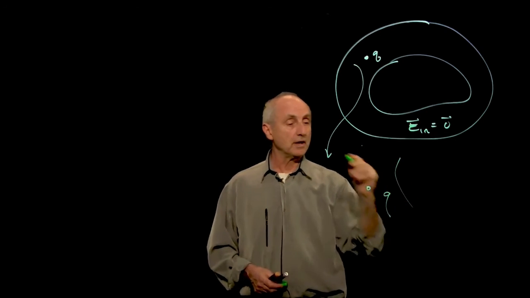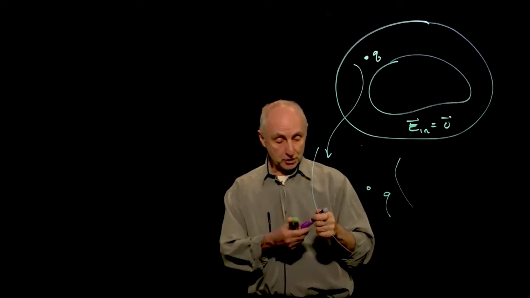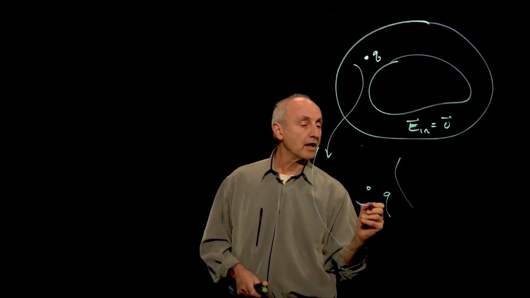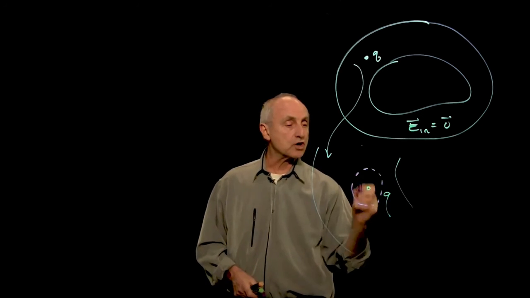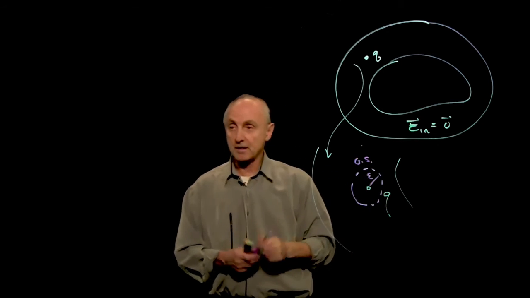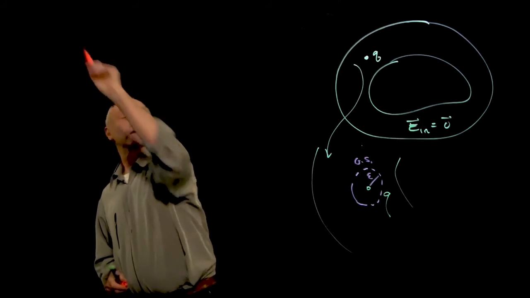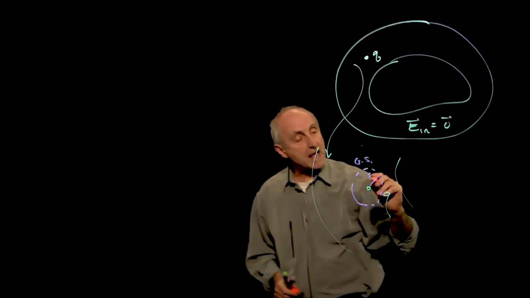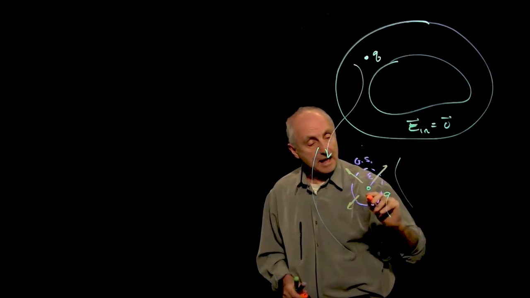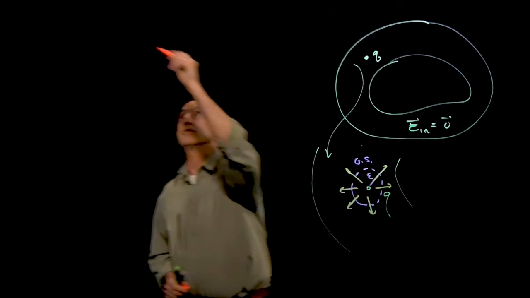Our conductor is big. And now imagine that you put a little Gaussian surface around this charge, of radius epsilon. Then we know that electric fields should emanate from this charge. And if this epsilon is very small, they'll go out of this Gaussian surface.